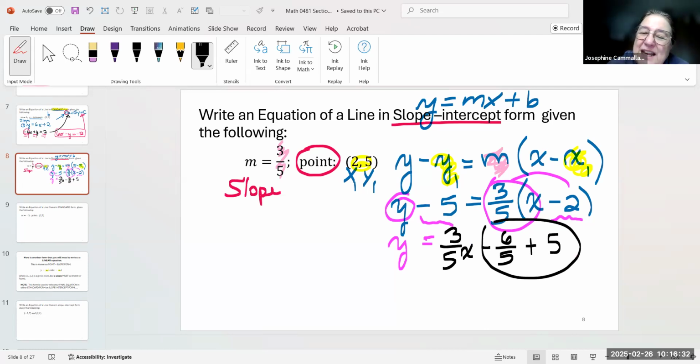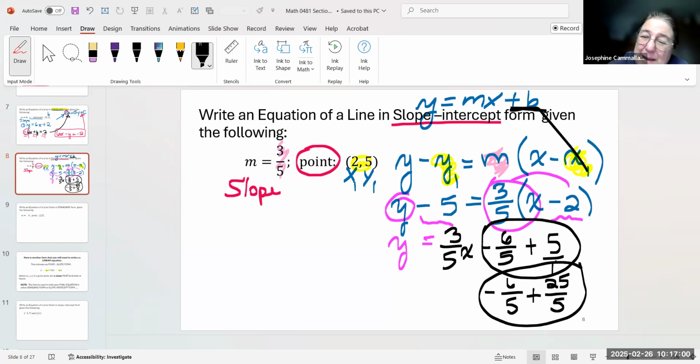I've got to put these together. They are my b term. But I've got to have common denominators, which means this has got to be 6/5. Well, if I put a 1 under here, this is going to give me 25/5.